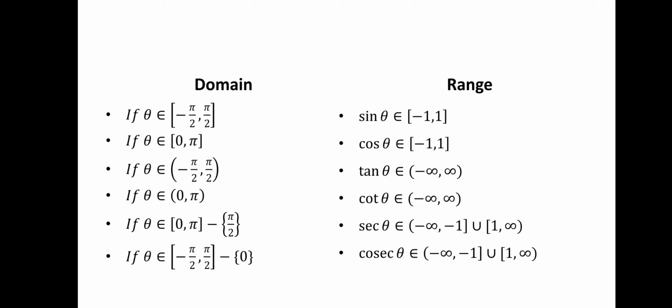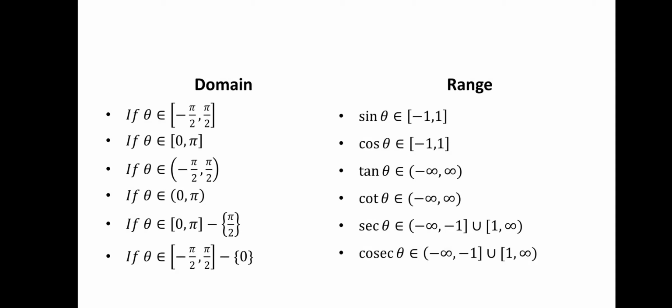Now let us understand this. Whatever is the domain for the trigonometric function becomes the range for the inverse trigonometric function, and similarly whatever is the range for the trigonometric function becomes the domain for the inverse trigonometric function, because that is how the function is defined.